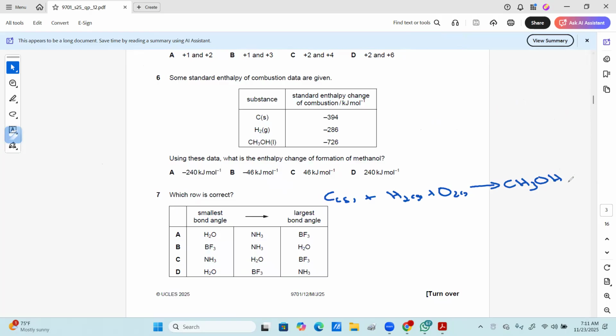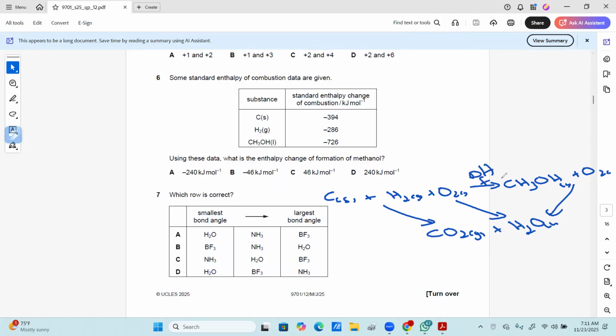So when it is combustion enthalpy, right, we need to write the combustion products in the middle. So you can see carbon with oxygen forms carbon dioxide, hydrogen with oxygen forms water, methanol with oxygen forms carbon dioxide and water. So this is how you have to construct the cycle.